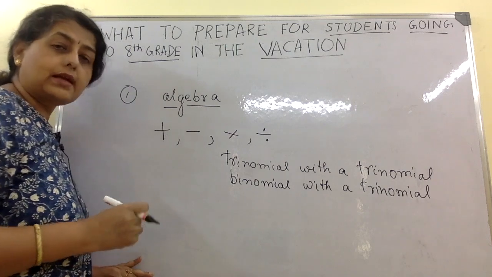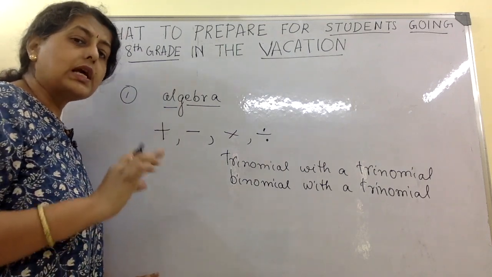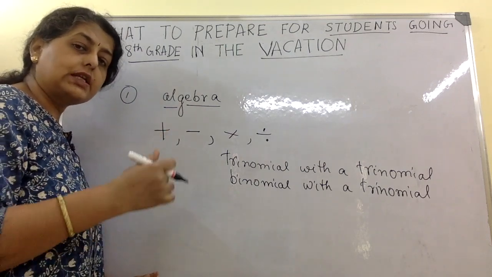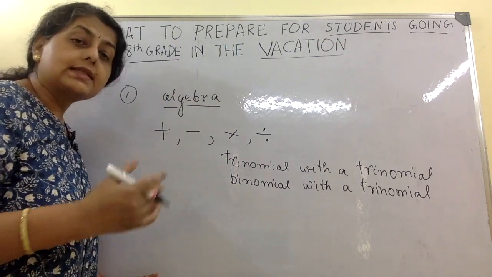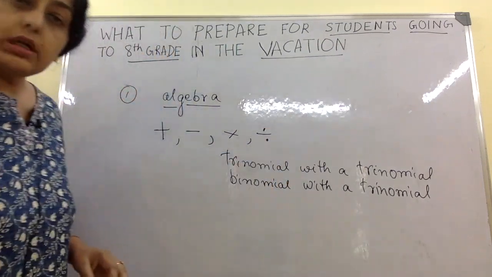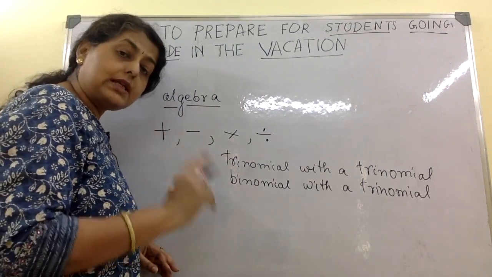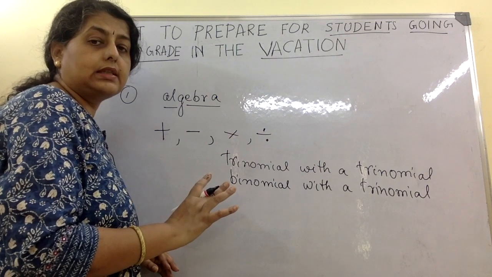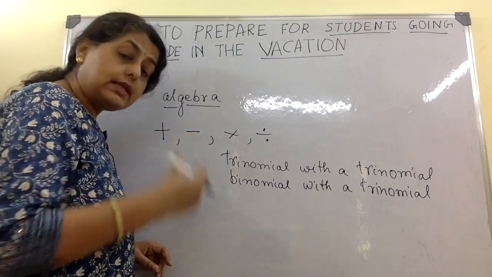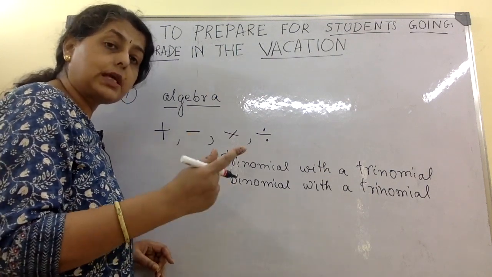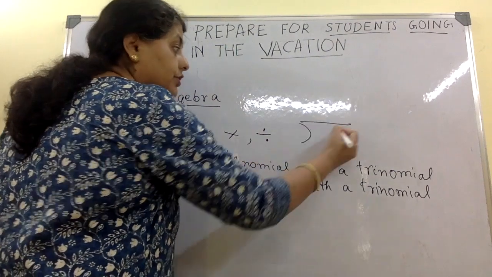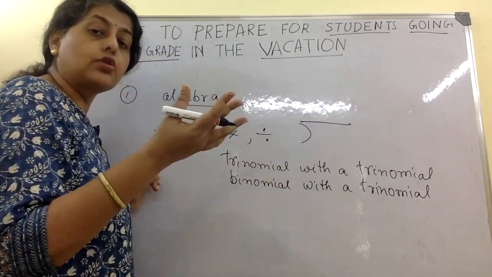Division also, they don't teach you much division, but there will be small divisions where you might have to do cancellation. That type of division you should know in the vacation, because in 8th standard they are going to teach a different type of division, which is long division, like you divide normal numbers.